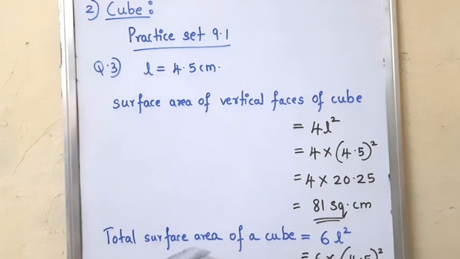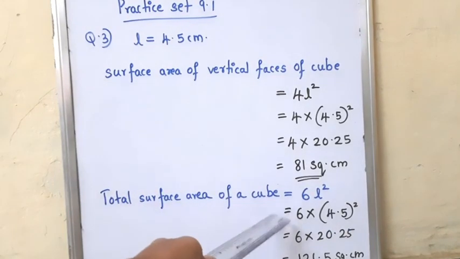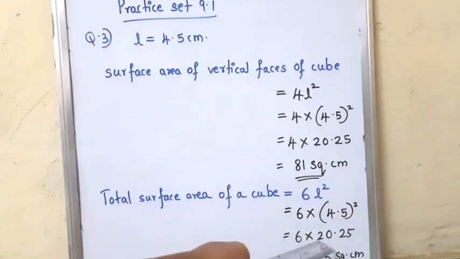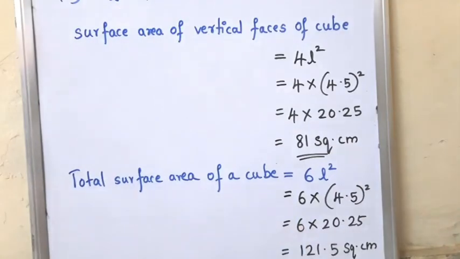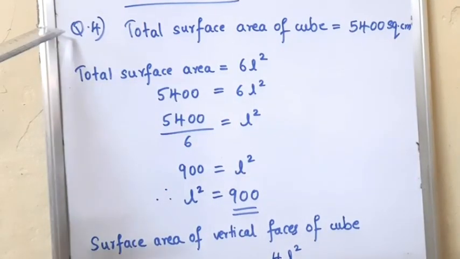Next we have total surface area of a cube is equal to 6L square. That is 6 into L square, 4.5 square, which is equal to 6 into 20.25, which is equal to 121.5 square centimeter.